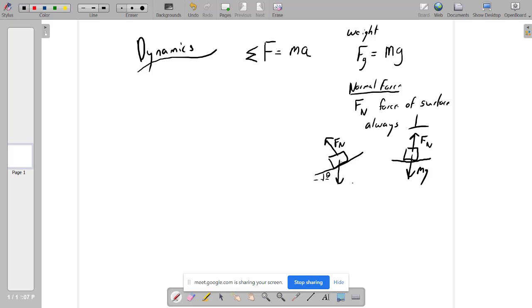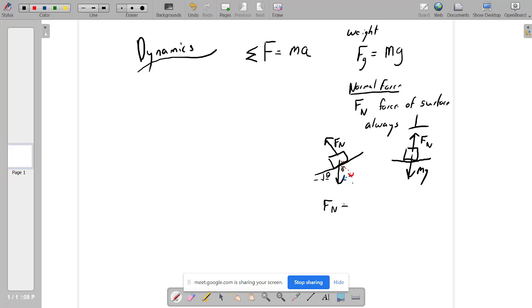And remember, we break things up into components. So I have my component here, and I have my component here. This is my angle, and remember, this is the same angle as this one right here. If I'm looking at my normal force, this normal force has to equal this component.